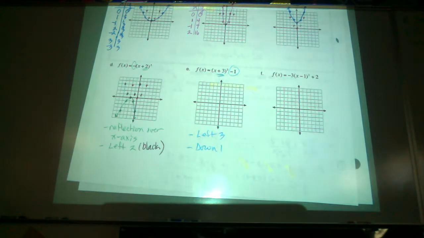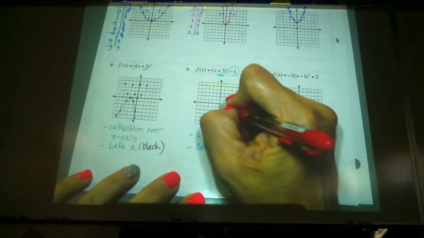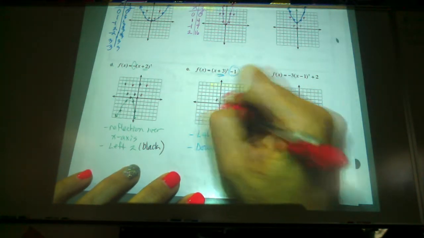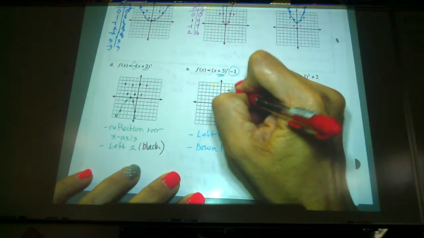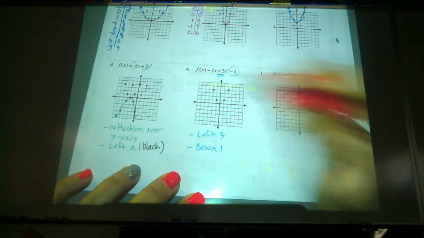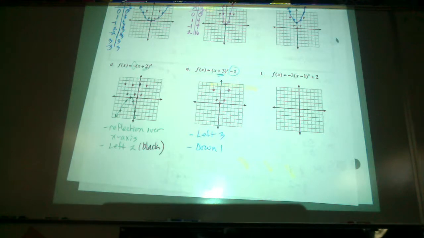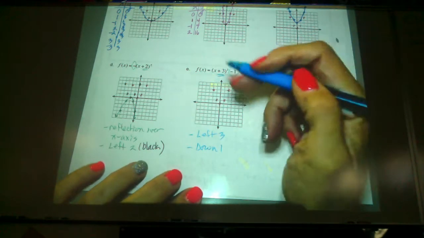So that's actually nice because there's no reflection, no shrink or stretches. So here's my original parabola. I'm just going to take every single point and move that point left 3 and down 1, then plot the point. No need for an XY table, nothing like that.